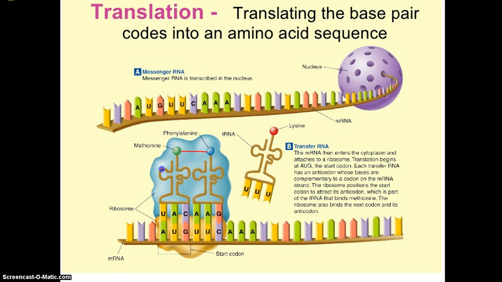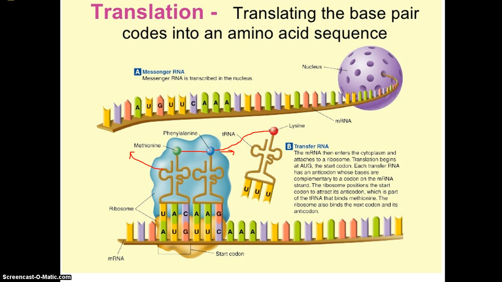This tRNA actually goes away. It's done its job, and the ribosome is going to shift over one codon. So this big blue blob leaves the UAC, and it reads the AAA. What goes with AAA? UUU. So this will dock. The ribosome will make the peptide bond between this phenylalanine and the lysine right here.